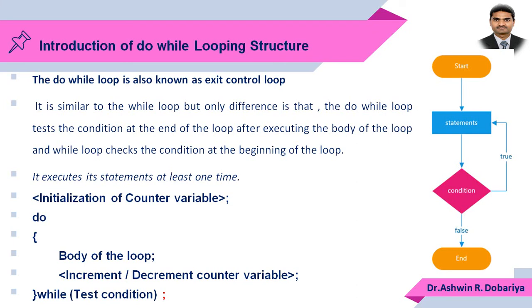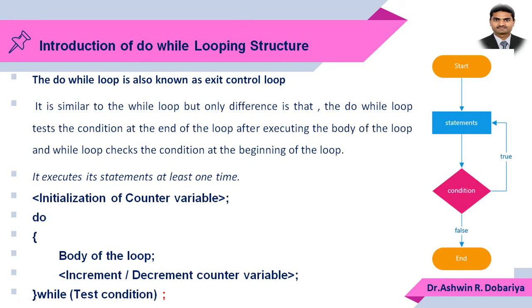Once the block is over, we have to mention while, another keyword, and the condition. One thing you have to keep in mind is that the do while loop always ends with a semicolon, and generally the semicolon is not mentioned with the while loop. That is again the major difference between while and do while loop. So the semicolon is compulsory at the end of the do while loop. This is the simple syntax of the do while loop.